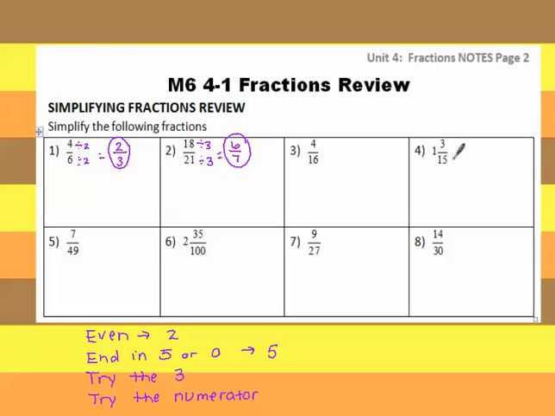Yes. Does 15 divide by 3? Yes. So I can divide top and bottom, the numerator and the denominator, by 3. Now don't forget, you have that whole number, so the whole number needs to go up front, and then I have the extra. 3 divided by 3 is 1, and 15 divided by 3 is 5. Now because there's a 1 on top, I know that my answer is finished and I am done.